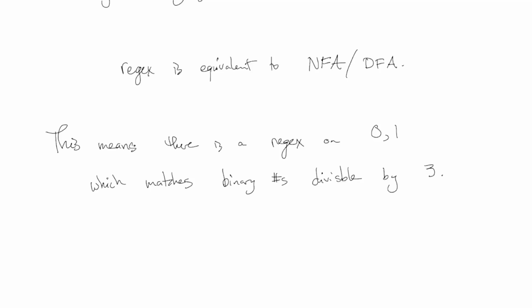Why do I say that? It's because we had a DFA that accepts only binary numbers that are divisible by 3. And if such a thing is possible using a DFA, then it is possible using a regular expression. So regular expressions, we don't usually think of them in this way, but they are kind of like computing machines, like they can do this kind of divisibility computations or whatever.